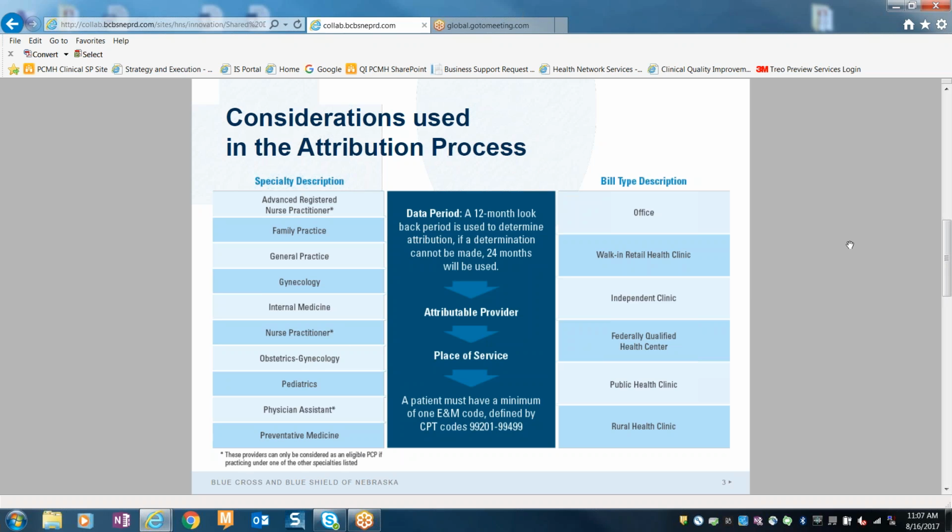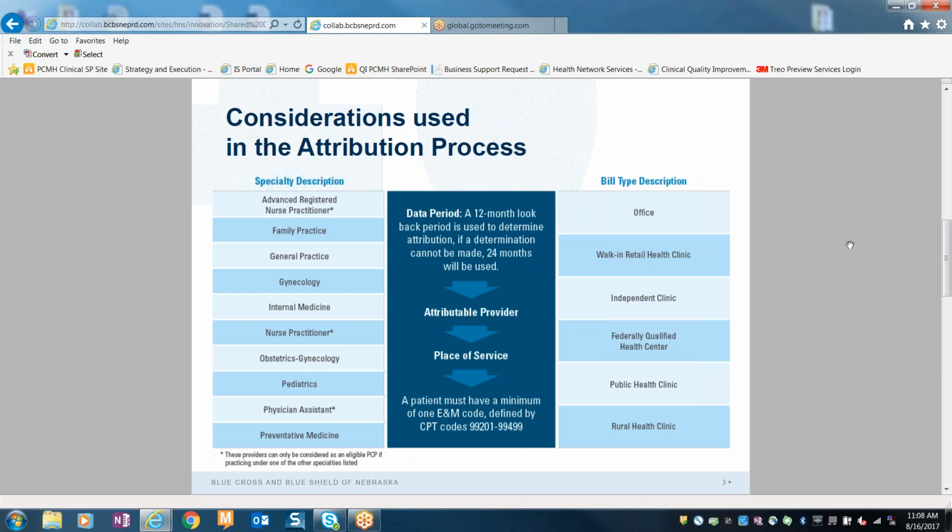So that we're only considering attribution if all three metrics are met. So the specialty, the bill type description, as well as the middle column, where we're looking at E&M codes, right? So we're specifically looking at CPT codes between 99201 and 99499. So in order for a visit with a physician to be counted towards the attribution methodology, it needs to hit on all three criteria.